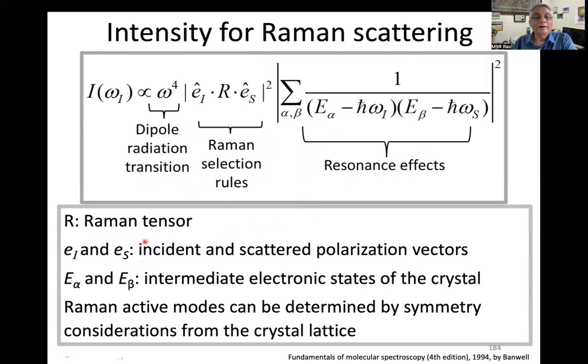Here, R is the Raman tensor. E_i and E_s are the incident and scattered polarization vectors. E_alpha and E_beta are the intermediate electronic states of the crystal. And the Raman active modes can be determined by symmetry considerations of the crystal lattice.